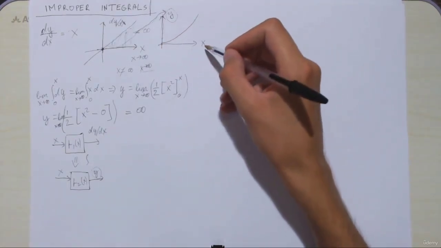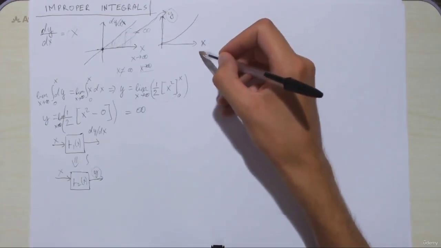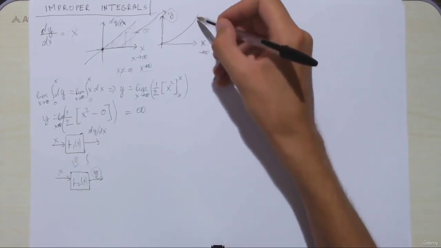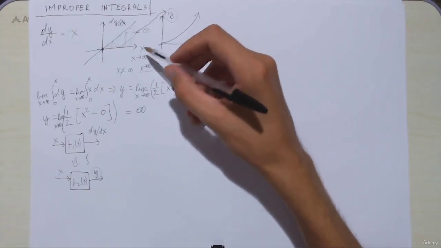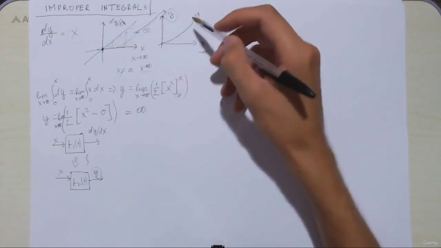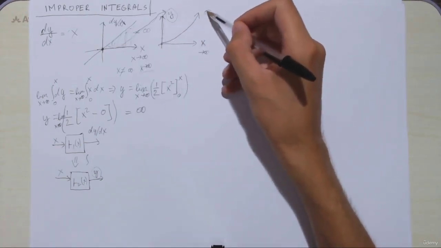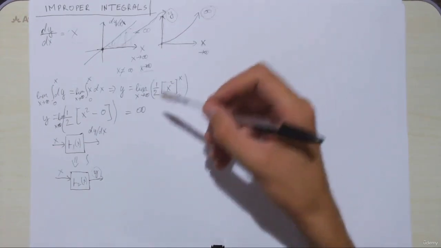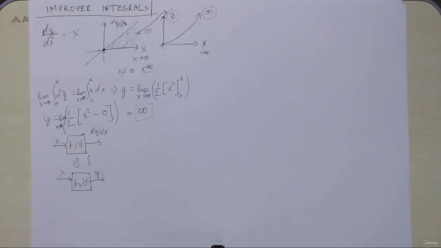And it's logical that if your x goes to infinity, then your y, or your accumulated area under the line, also goes to infinity. So that's why you have your infinity here. But let's consider another function now.